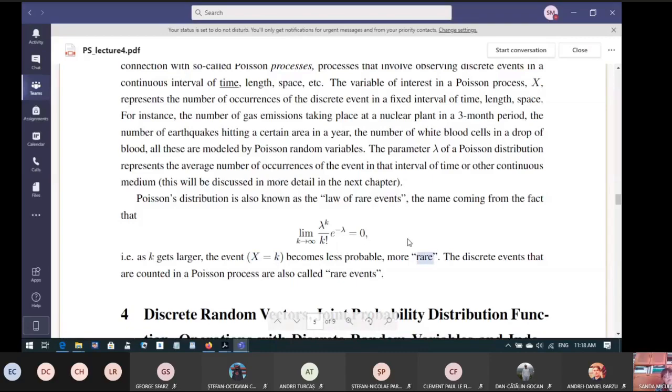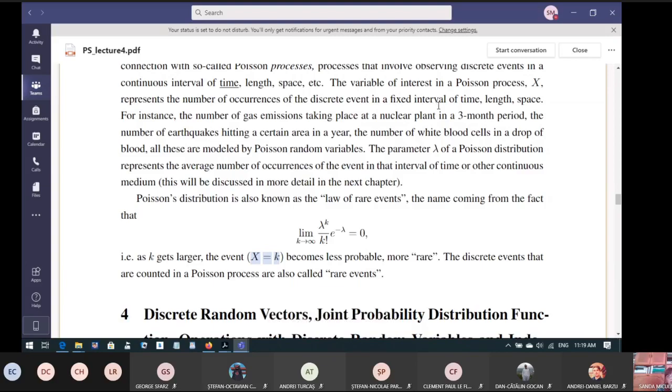So the larger the value of k, the rarer these events become, the less likely. Therefore, the law of rare events. Even though we don't accurately define what rare events are, we'll just agree to use them in connection with a Poisson distribution, the number of rare events.